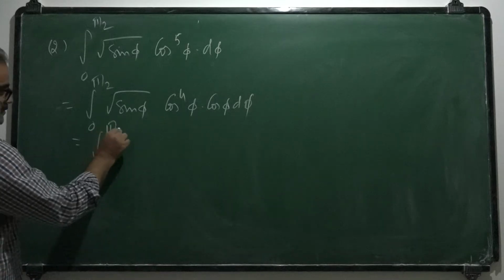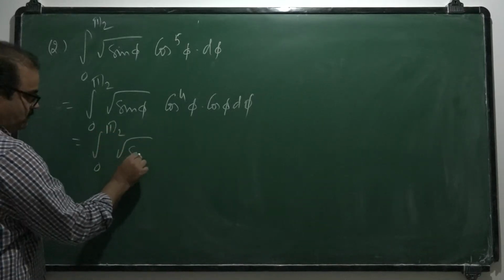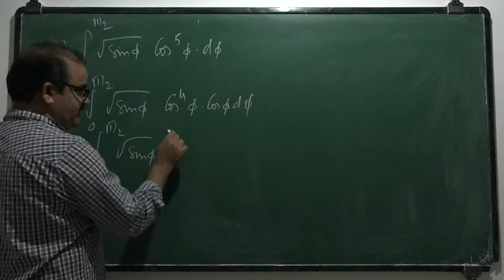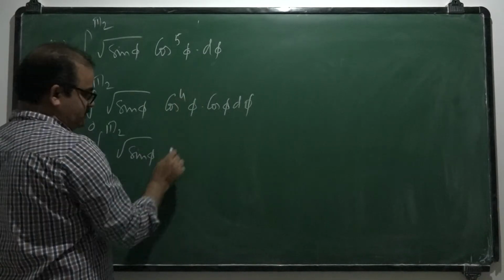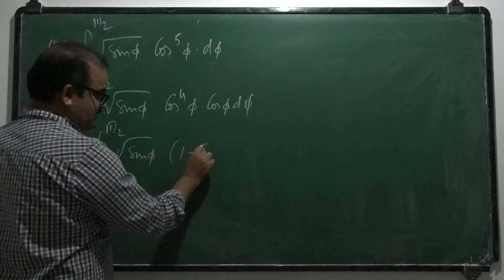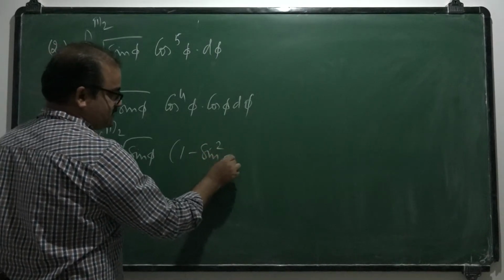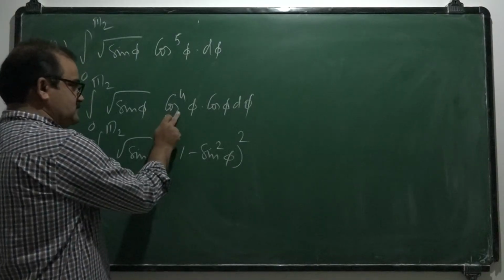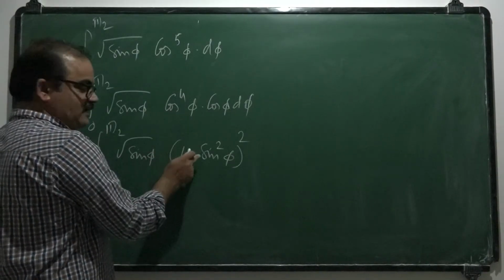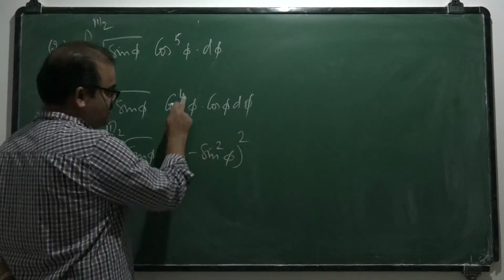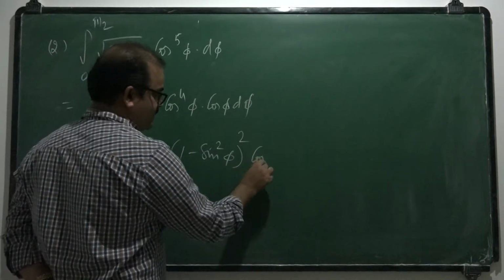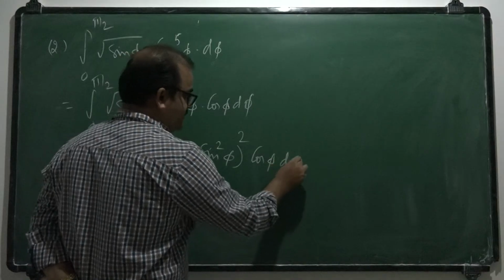Cos power 4 is taken as cos square whole square. Again cos square phi is taken as 1 minus sin square phi, whole square, into cos phi into d phi.